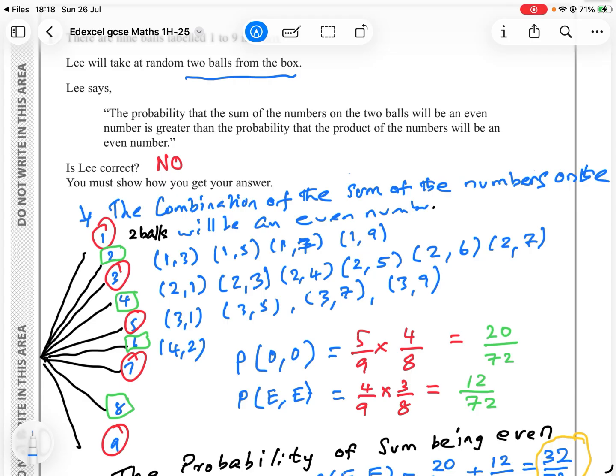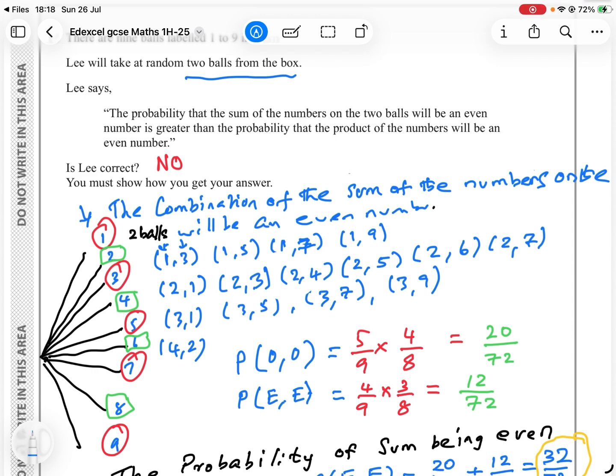So for the combination of the sum of the numbers on the 2 balls to be an even number, it could be, for example, first ball is 1 and second ball is 3. 1 plus 3, 4, is an even number.